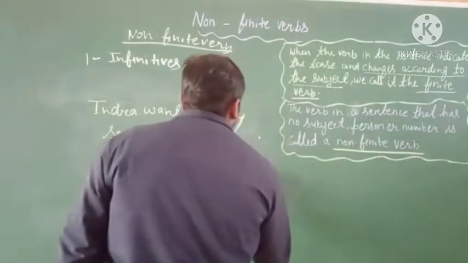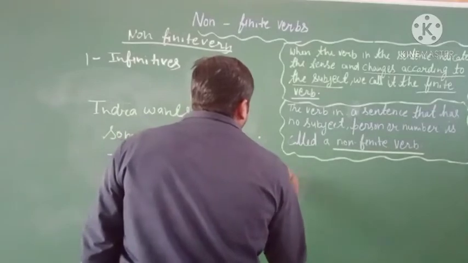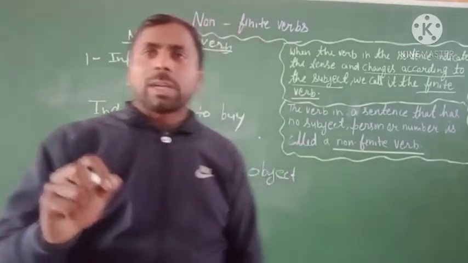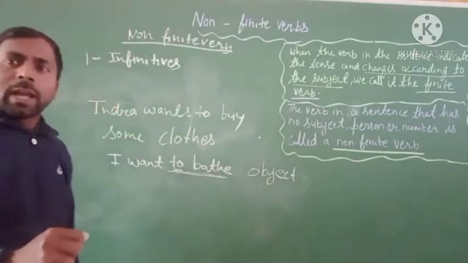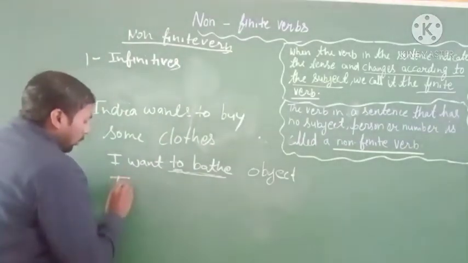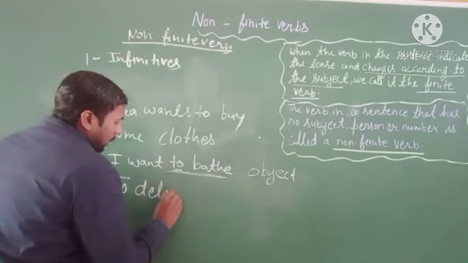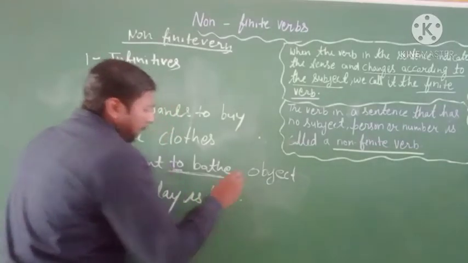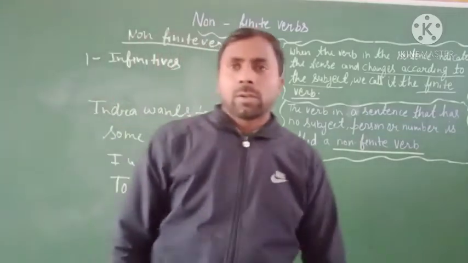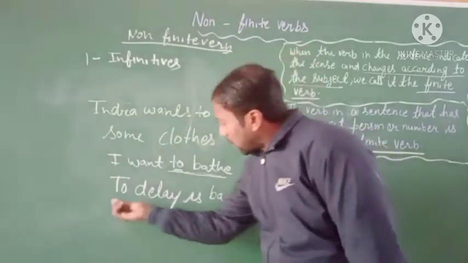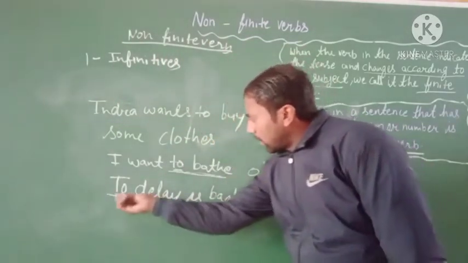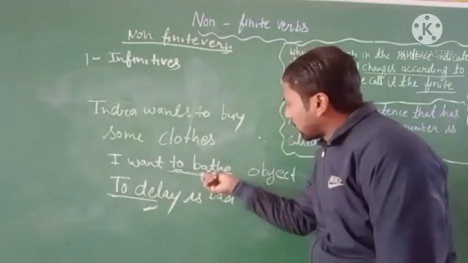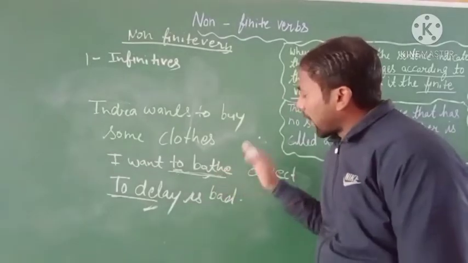Okay, it is a verb as an object, but many times you have to use it as a subject, like "To delay each bag". Okay, so here "to delay", delay is a verb, bathe is also a verb, but here the verb is an object.